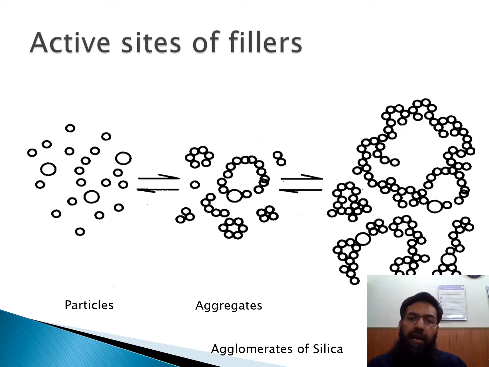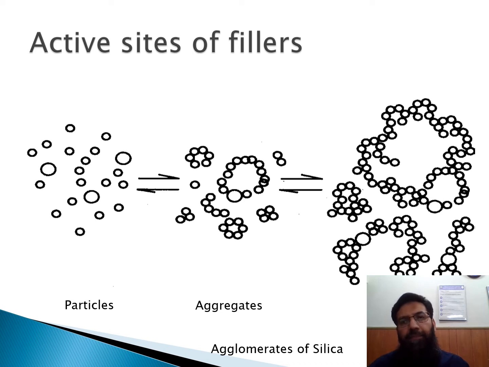But nowadays we have some treatment mechanisms available. We have different types of silanes, which can interact with the hydroxyl group and make it non-polar, or make it more interacting with the polymer chain.